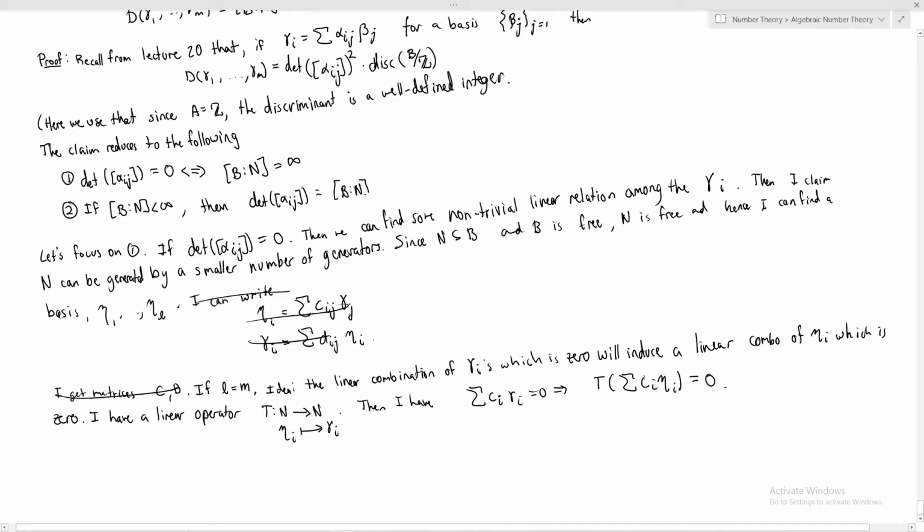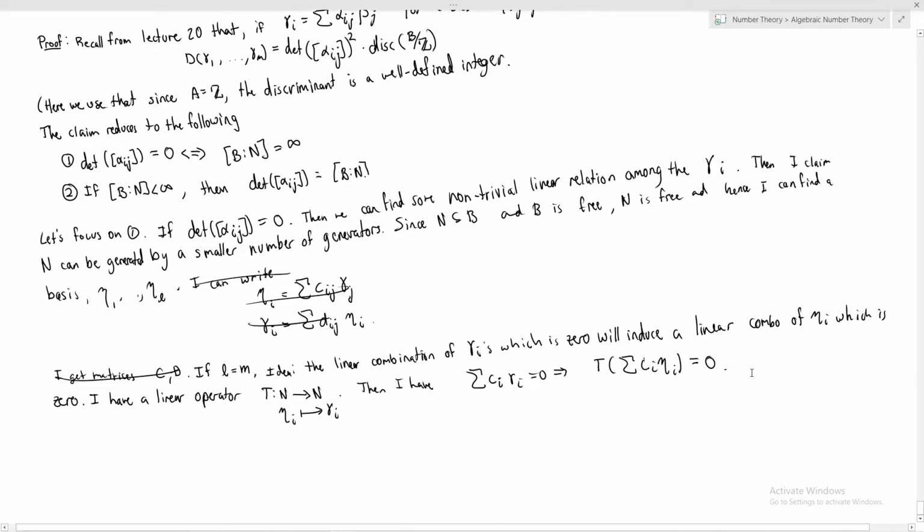And then I need essentially an inverse to T. So the question is now, can I find, let's say, L sending gamma i to eta i.